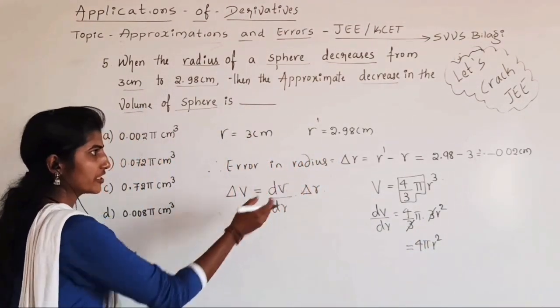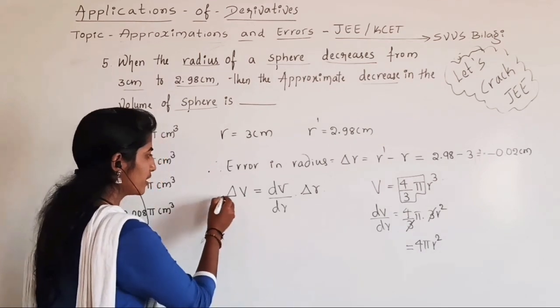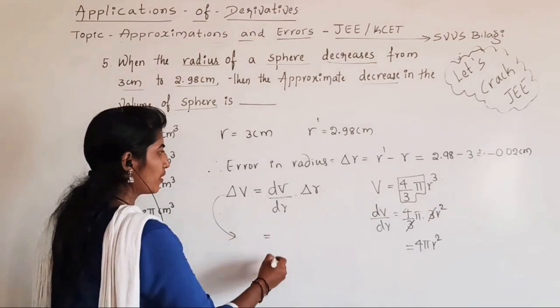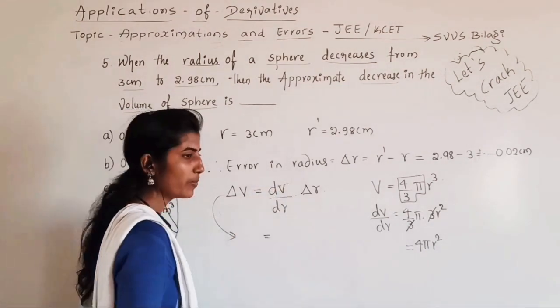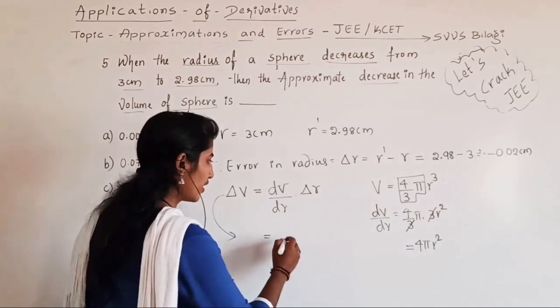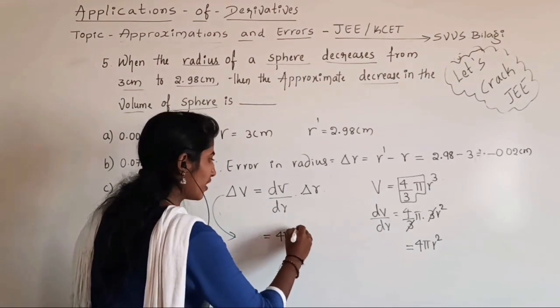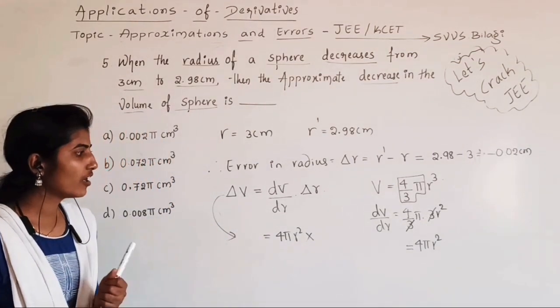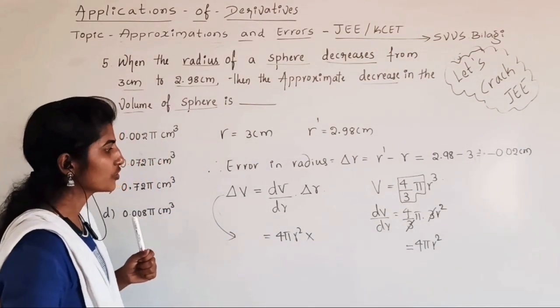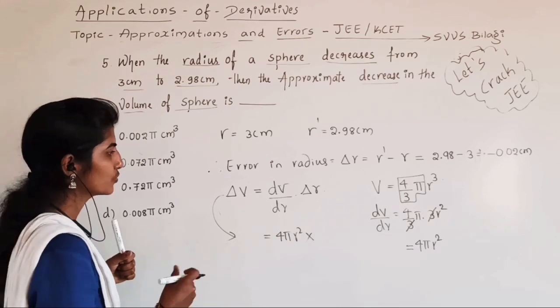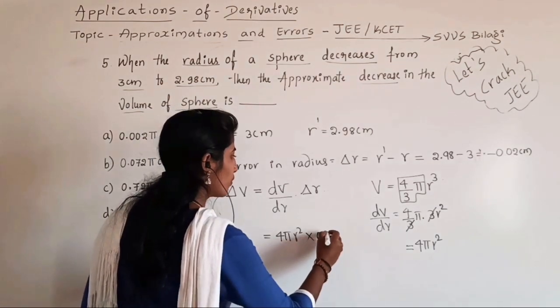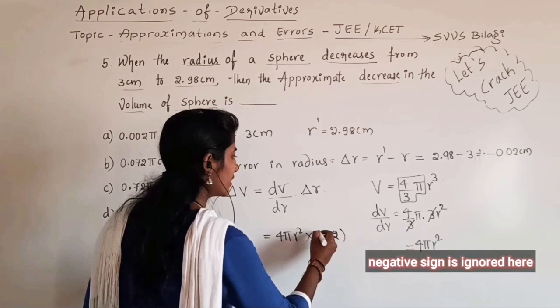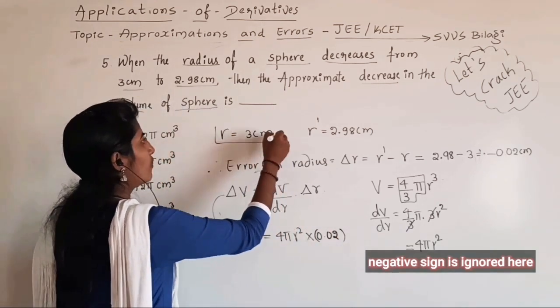Okay, just insert here. Therefore, approximate decrease in its volume is given by dV by dr, which is 4 pi r square, into delta r. What is the delta r value we got? 0.02.